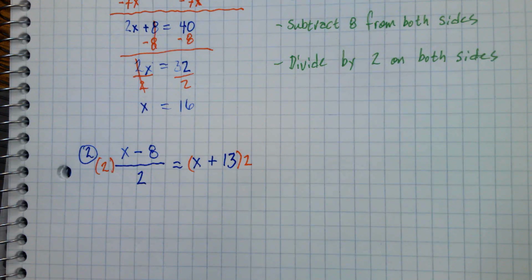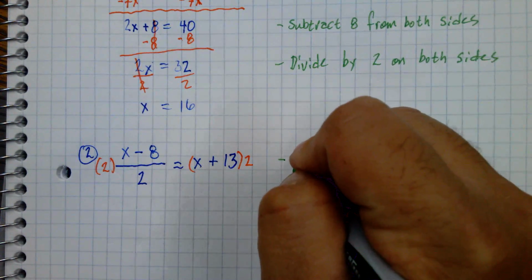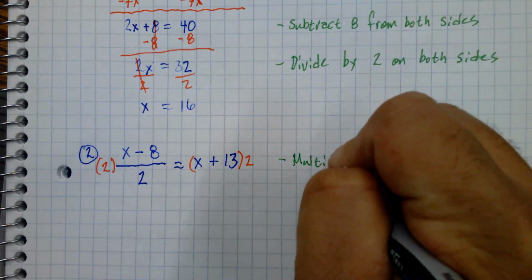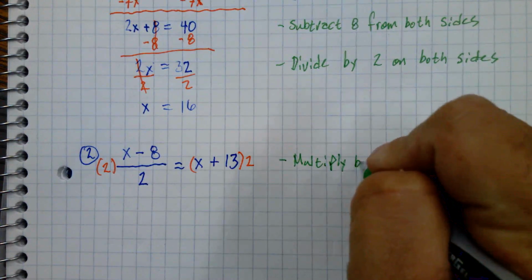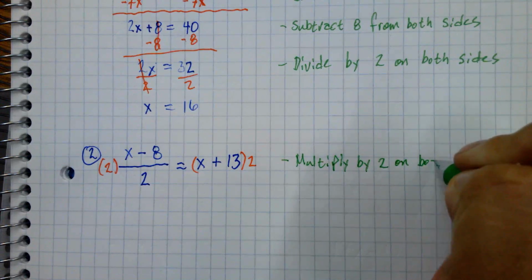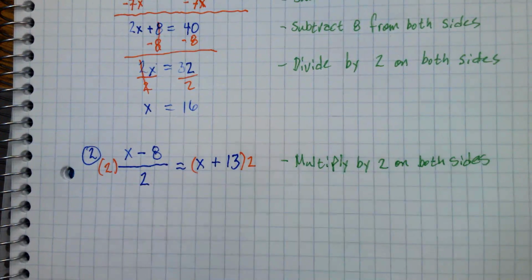Now on the left side, well, let's just write down that step. Multiply by 2 on both sides. Okay?